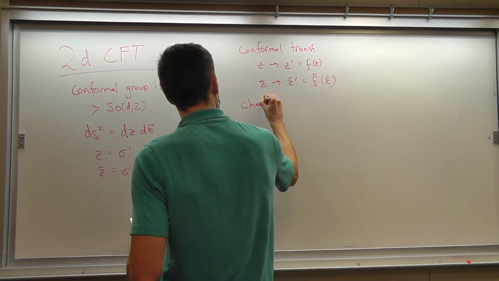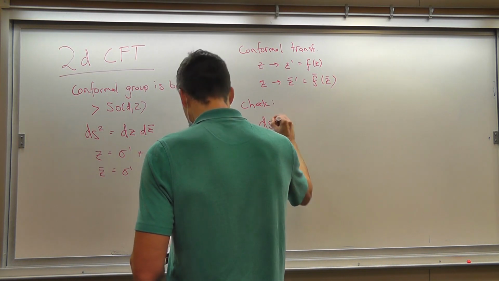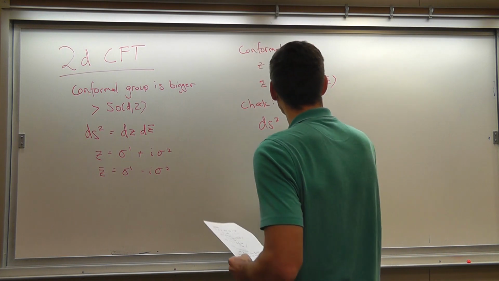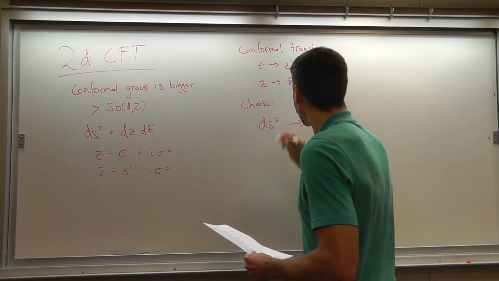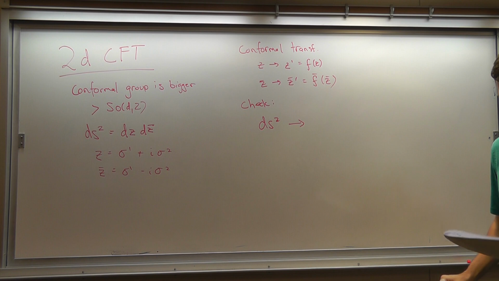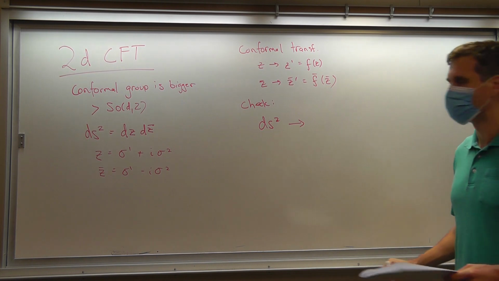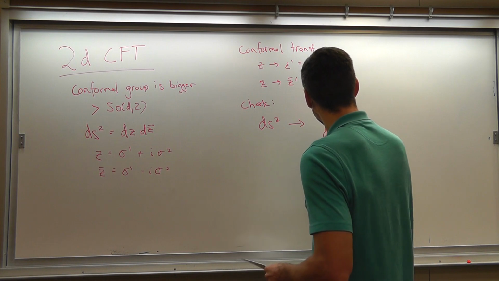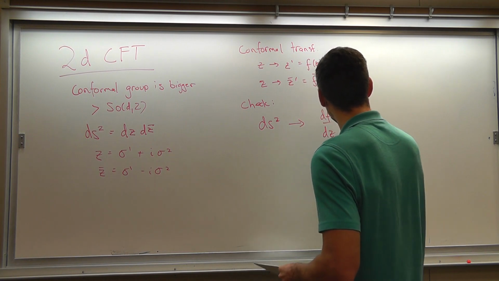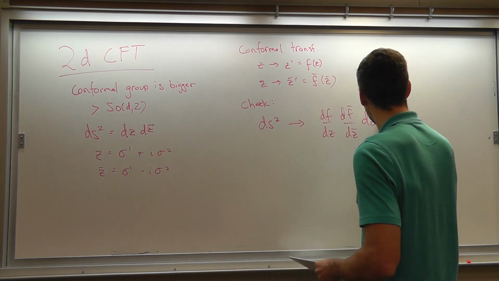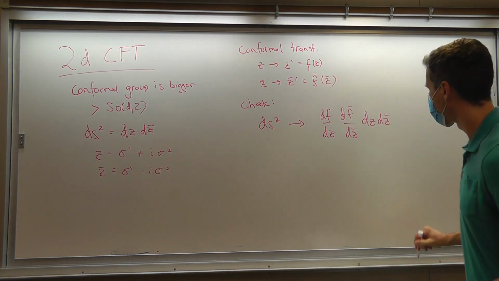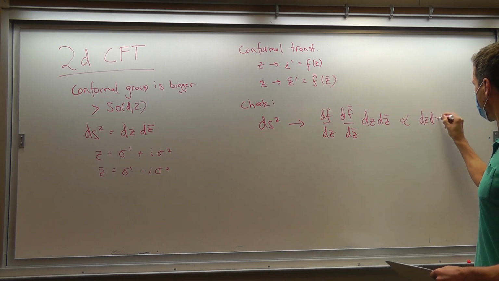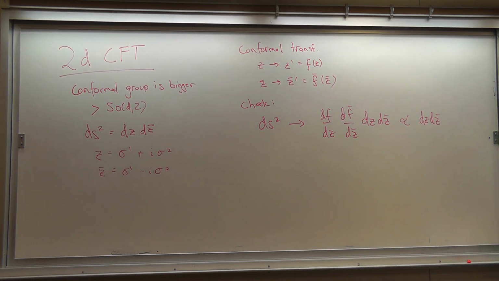Let's check that this is conformal. The metric under the replacement z goes to f of z becomes df/dz, df bar/dz bar, dz dz bar, which is proportional to dz dz bar.